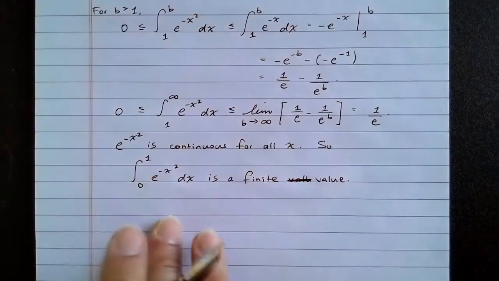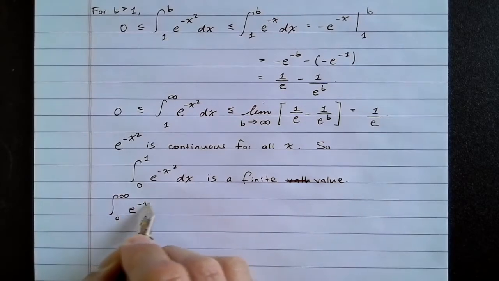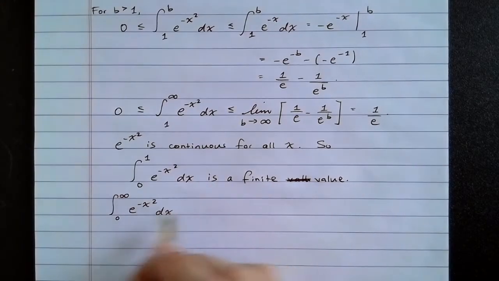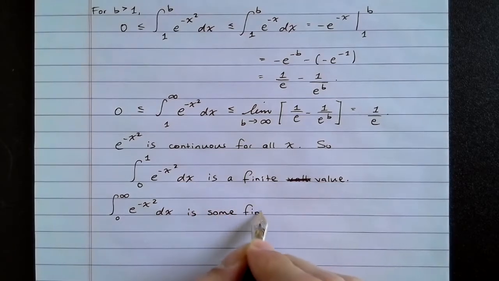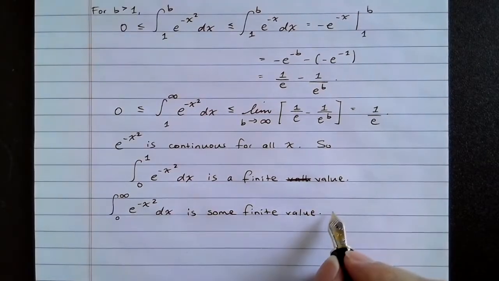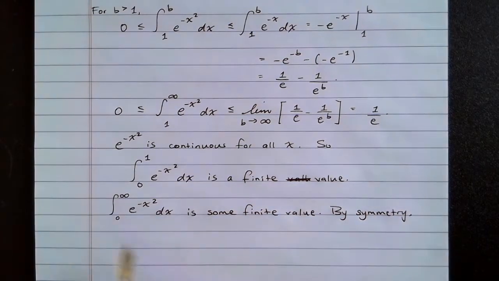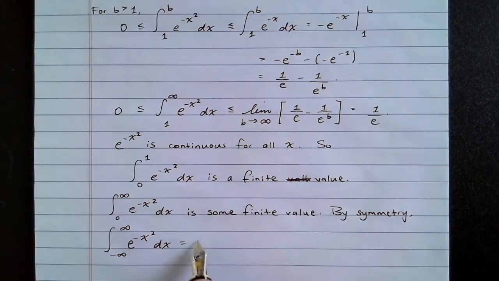And now by using the symmetry then, first let me note this. So this is a convergent improper integral, and I'll just say it is some finite value. And so by symmetry, it's just 2 times that integral.